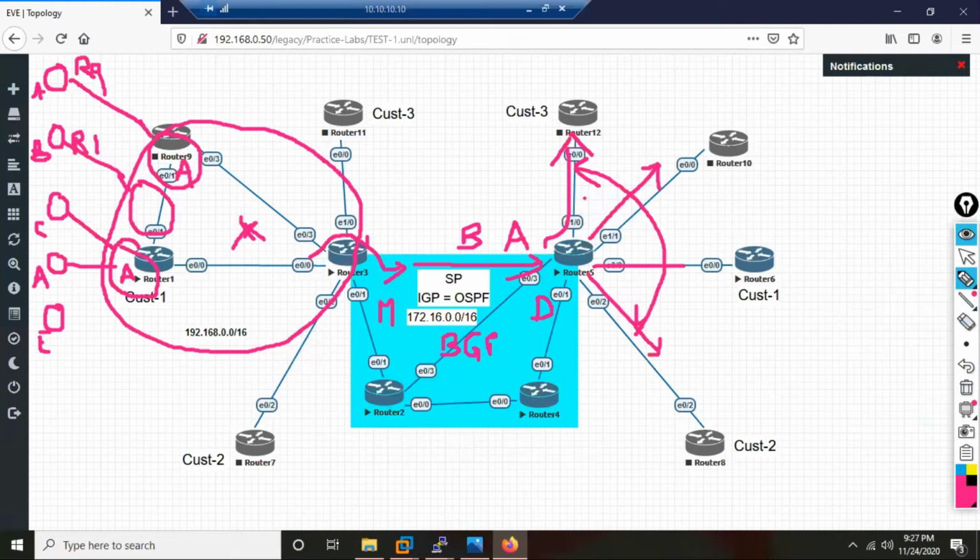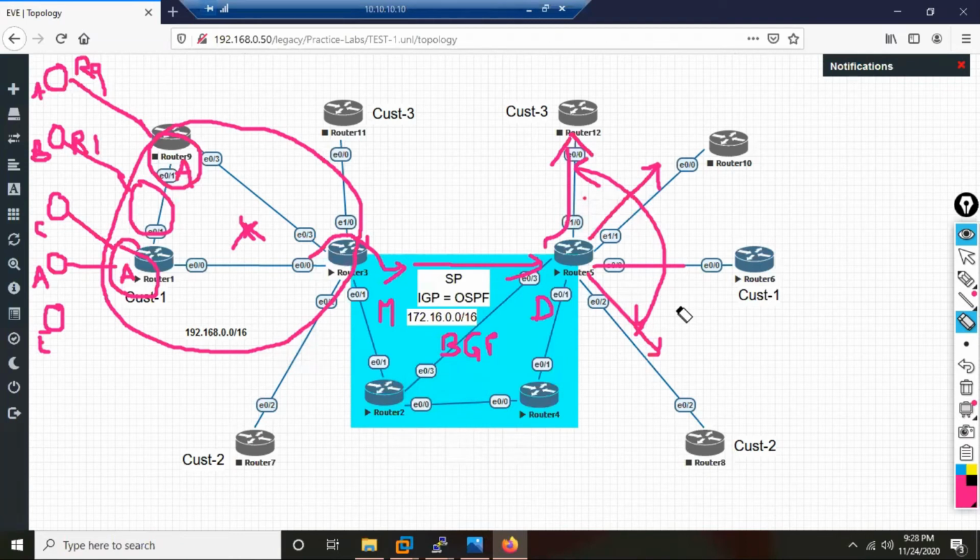So now how to solve this problem? R5 should not receive the routes like this. When R3 forwards the routes through BGP to R5, R5 must get information that this route A belongs to, let's say, customer 1. This route B belongs to customer 2.